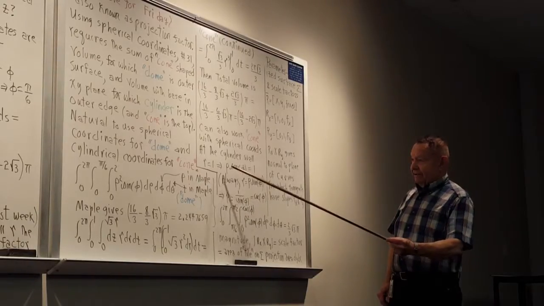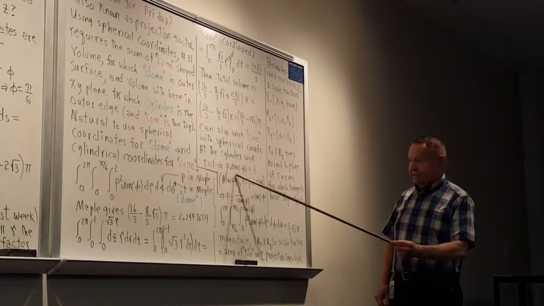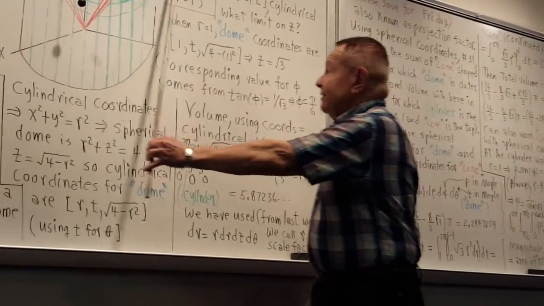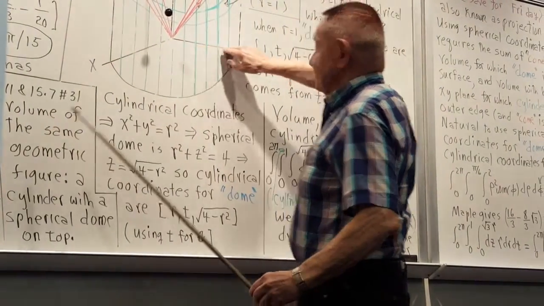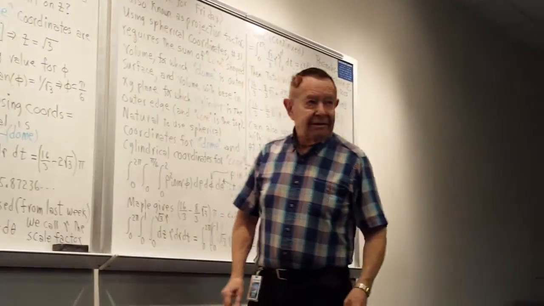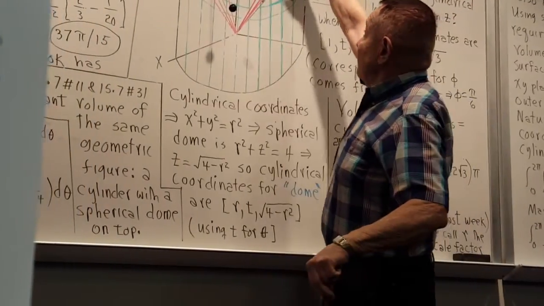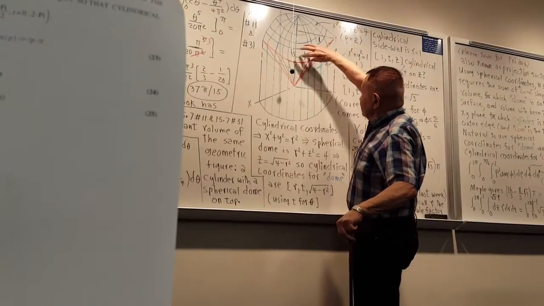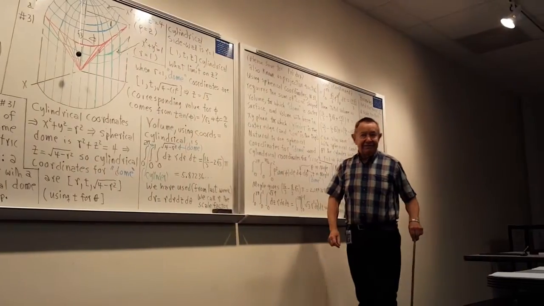See, this is your connection really between cylindrical and spherical coordinates. Rho is this, and r is this. And the r is rho sine of phi, which is here. See, because this is r up here. So this r is this rho sine of this phi. That's how to look at it.